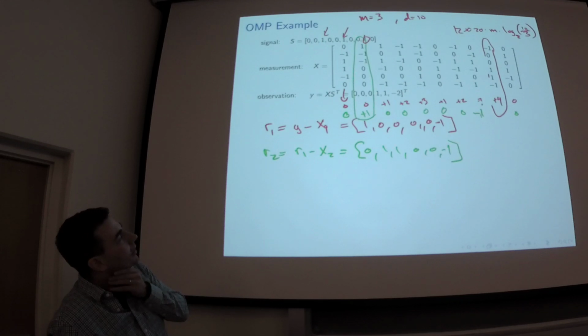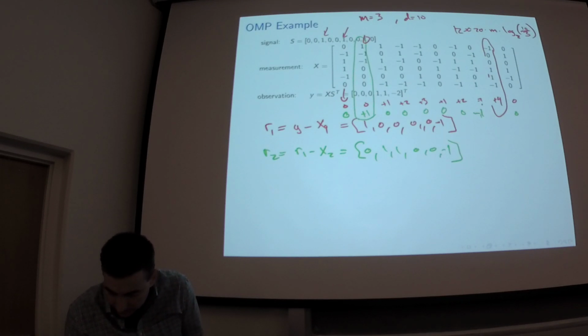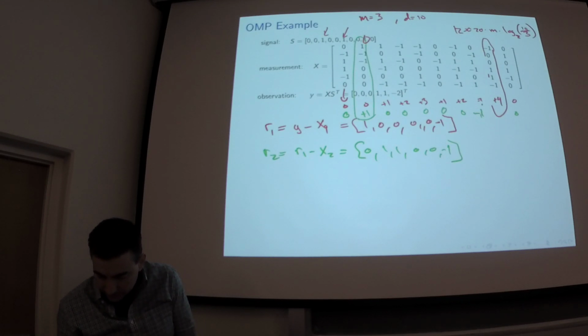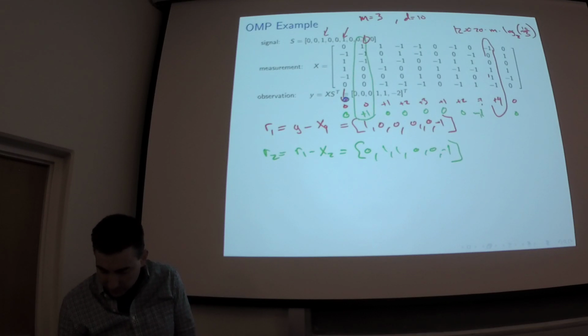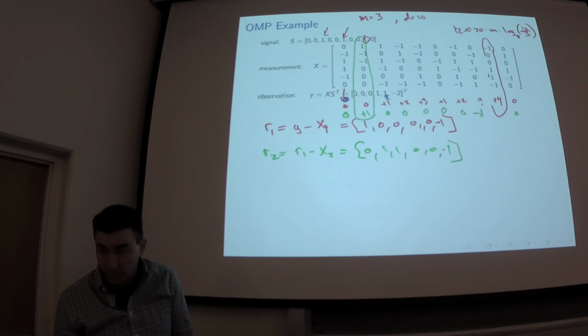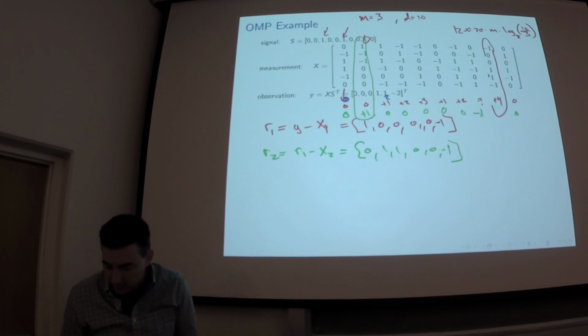Is that going to be good? This one's again going to be a 0. We'll skip this one. This one will be a 1 and -1. This is going to be a 2, which is good.